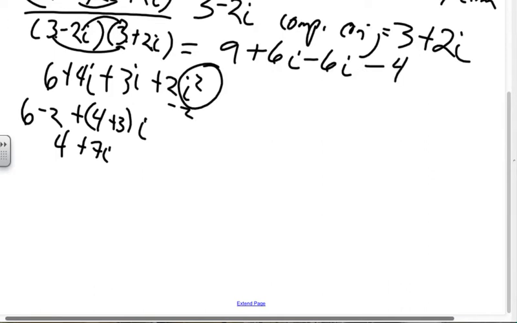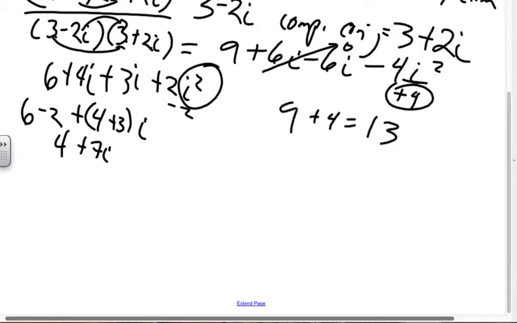Minus 4i squared, which makes this a plus 4, substituting the negative 1 there. Plus 6i minus 6i becomes 0. That now becomes 9 plus 4, which is 13. So now I put them together. I have 4 plus 7i over 13.